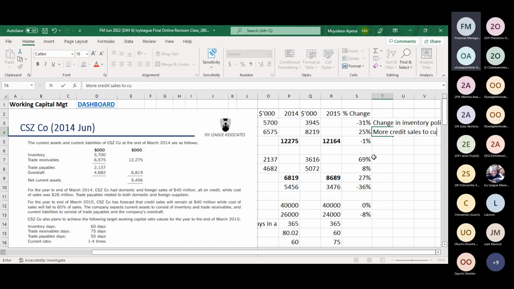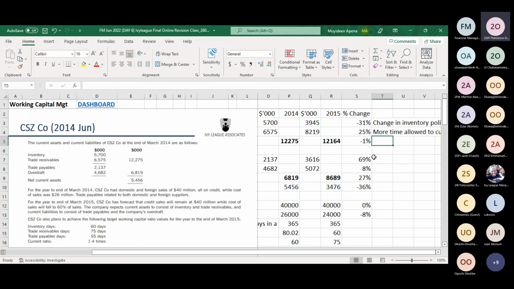More time allowed to customers. Looking at the numbers, cost of sales reduced from 2014 to 2015. So we've already done that.